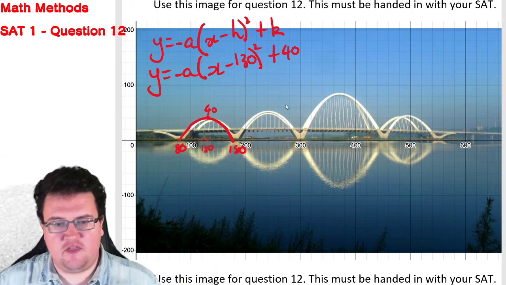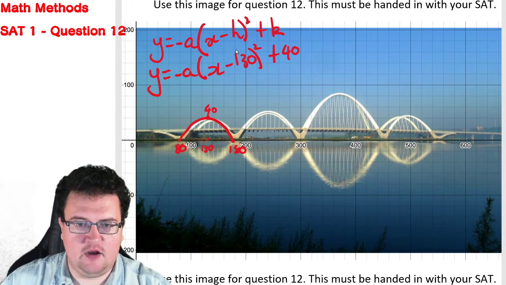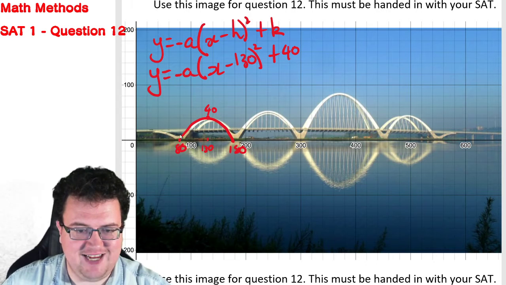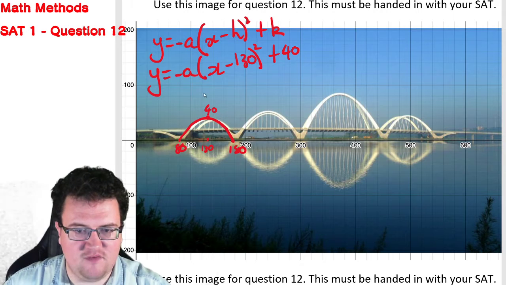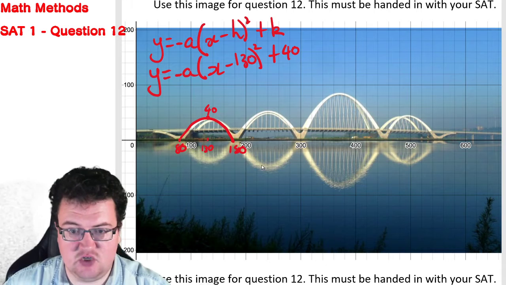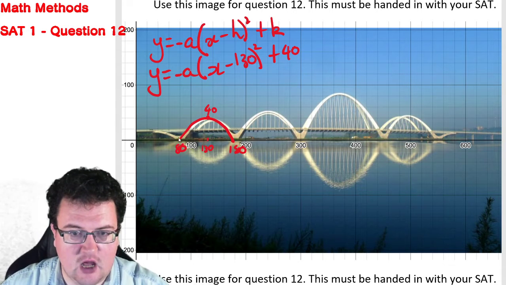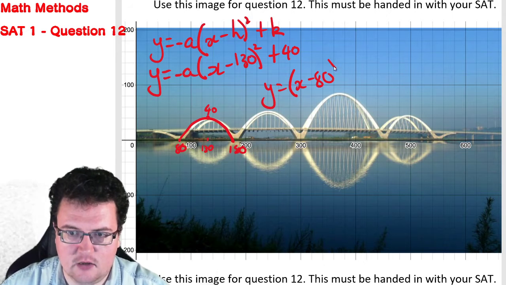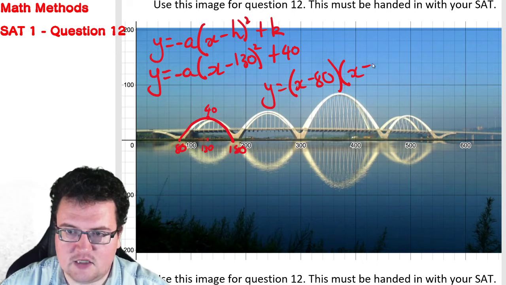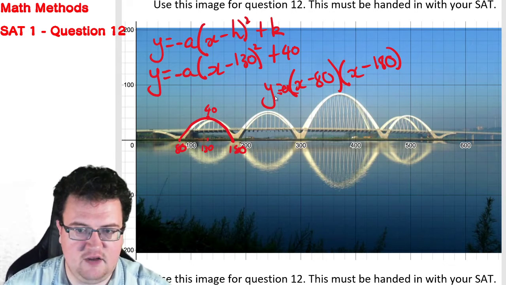However, there is also another way of trying it, because we also have the intercepts. We have the intercept form. We could find the exact value of a by creating simultaneous equations and doing it this way. Because I know that the intercepts are at 80 and 180, I also have the equation y equals (x minus 80)(x minus 180), and then I have a dilation factor at the front, which makes the whole thing negative.